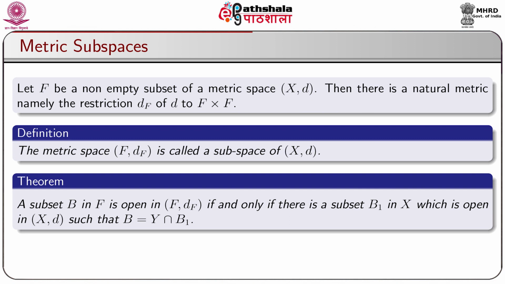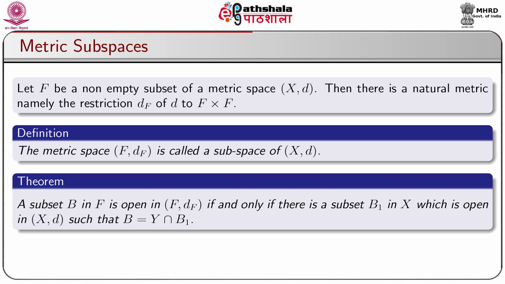Let F be a non-empty subset of a metric space (X, d), then there is a natural metric, namely the restriction d_F of d to F cross F, that is the Cartesian product of F and F. Now, the definition is that the metric space (F, d_F) is called a subspace of (X, d). So, all the properties of metric axioms are also satisfied in (F, d_F).